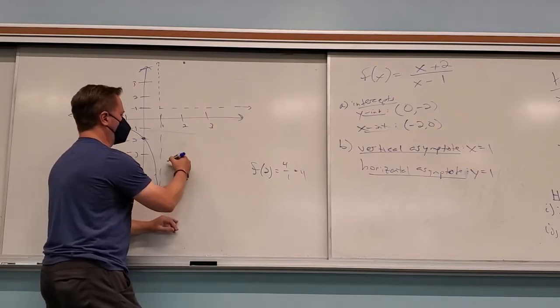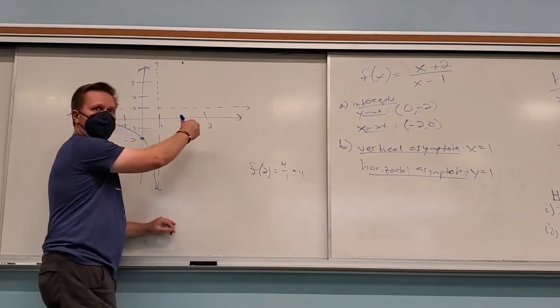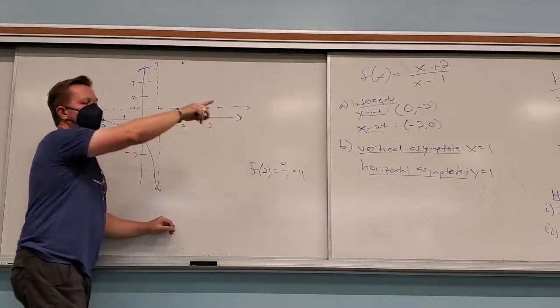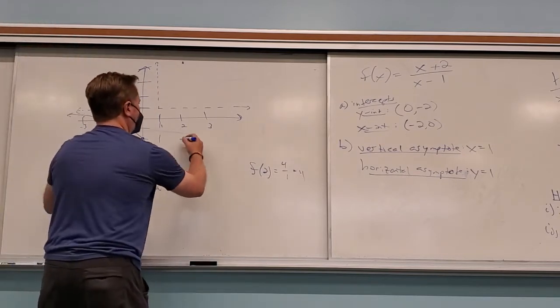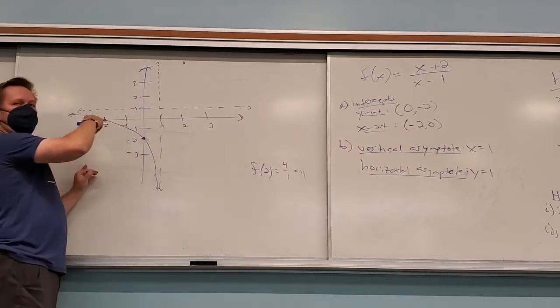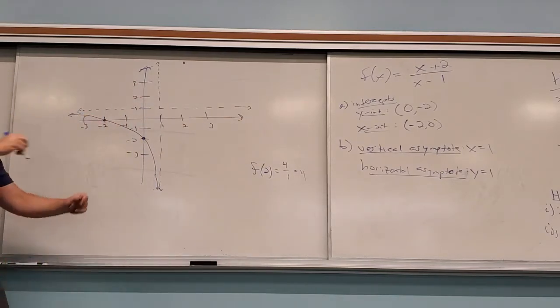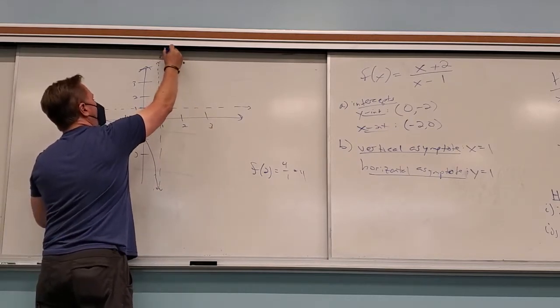If it was down here, what does it have to go through eventually? Doesn't it have to go through the x-axis? If it went through the x-axis, would we not have found another x-intercept? There's no way it could be down here unless it goes through the x-axis. And do we find more x-intercepts? No. So I already knew it wasn't down here. But now that I did that point, I really know it's not down here.